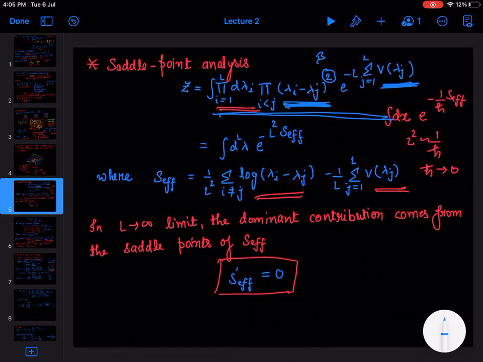The propagator is not like what we have in a normal quantum field theory. Basically, there is no dynamics here. It's just the potential. There is no kinetic term.